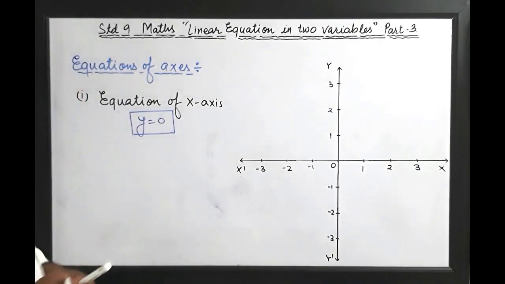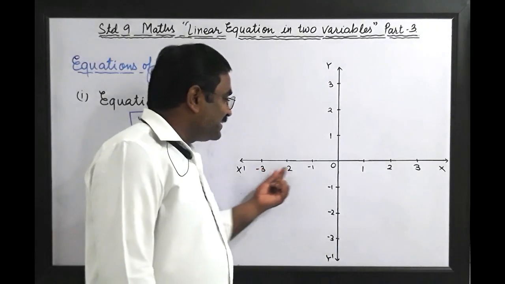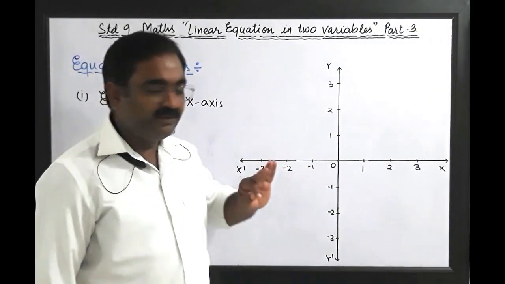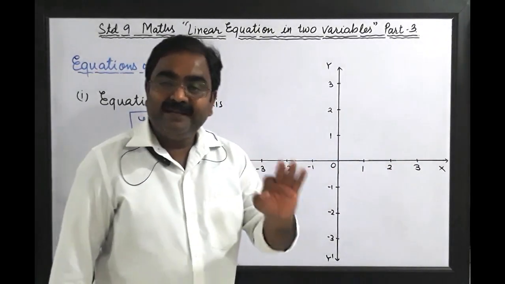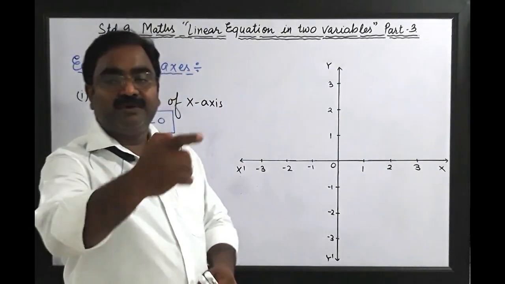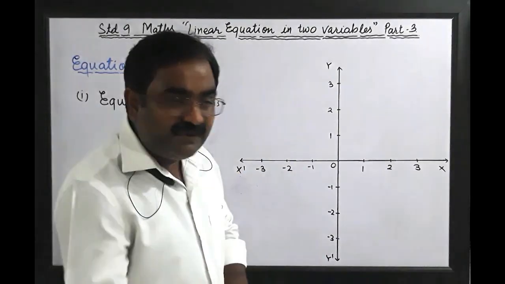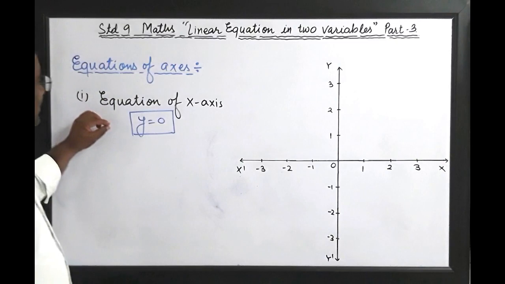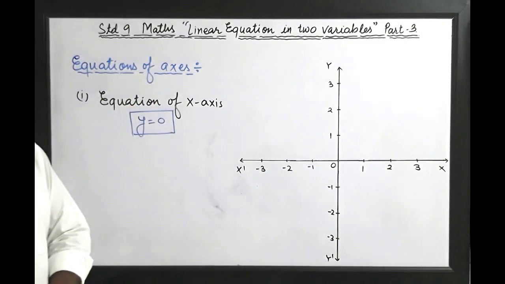The reason behind it is, when you take the coordinates of any point on x axis, जब आप इस x axis पे किसी भी पॉइंट का कोऑर्डिनेट लेते हो, तो उस पॉइंट के कोऑर्डिनेट में the ordinate value, means the value of y coordinate, is always 0. So y की वैल्यू हमेशा 0 रहती है इस x axis पे. That's why the equation of this x axis is y equals to 0.